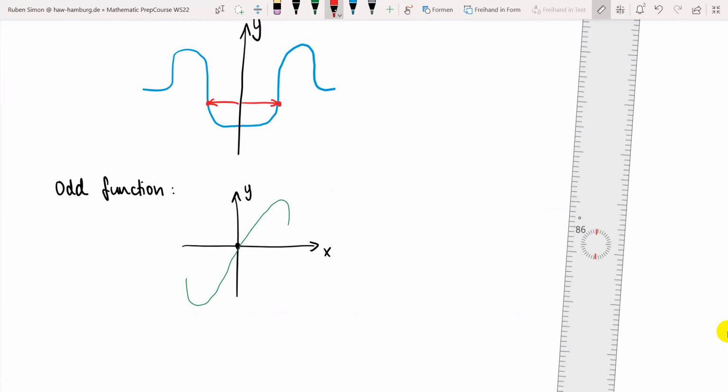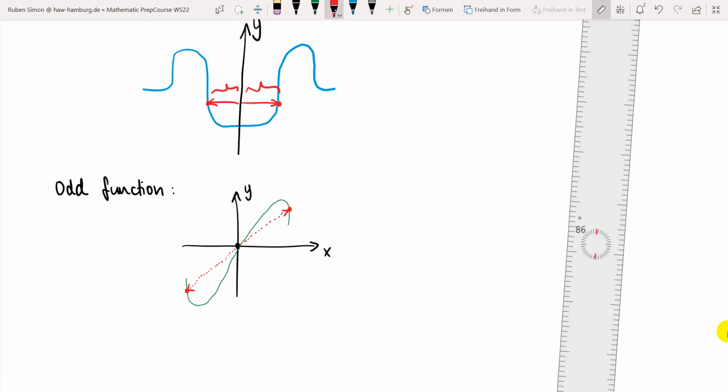That means if you have a certain point on your function graph, and you draw the straight line to the origin, then you can just enlarge this line, proceeding in the same direction and after the same distance. So this distance is the same as here. You just proceed in the same direction and after the same distance, you again hit your function. And that's the definition of point symmetry.